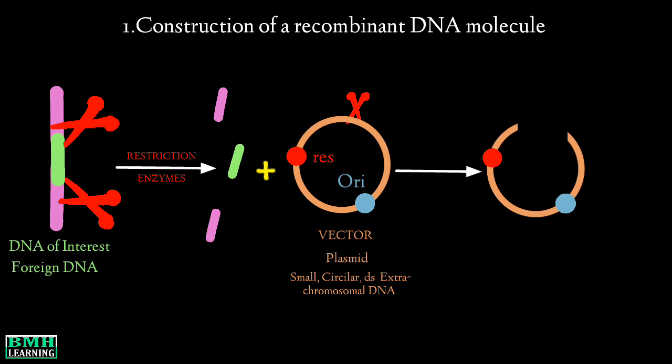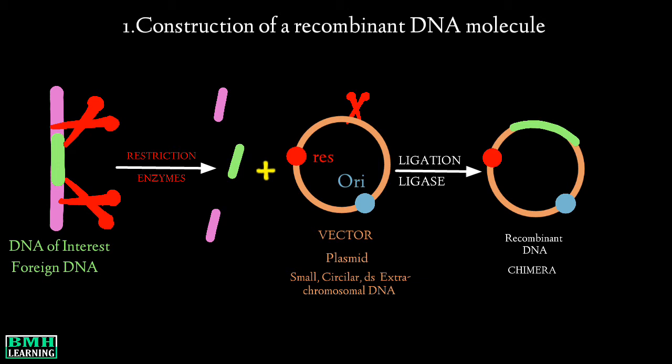And then in a process called ligation, which is carried out by the enzyme called ligase, the DNA of interest is pasted, or technically saying it's ligated with the plasmid DNA. Now the molecule we are getting here is called recombinant DNA. Such hybrid molecules are also named chimera.